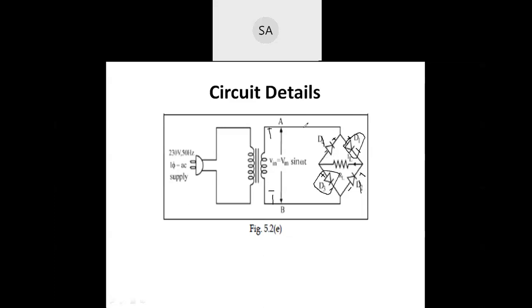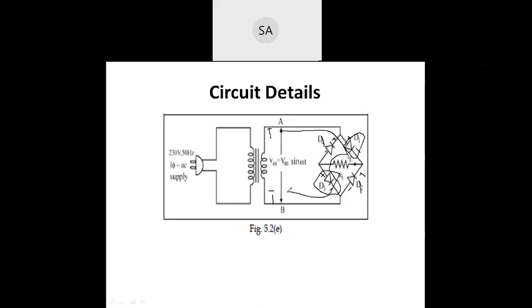So the current will flow through this bridge circuit from transformer end A to diode D1, through RL, and through diode D3 up to end B of the transformer.